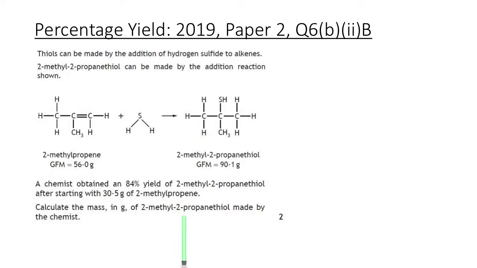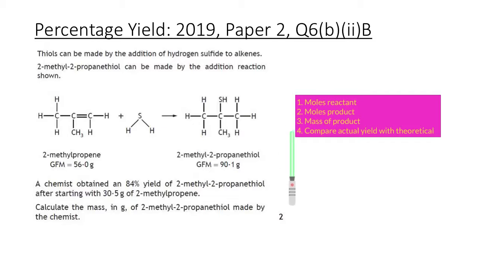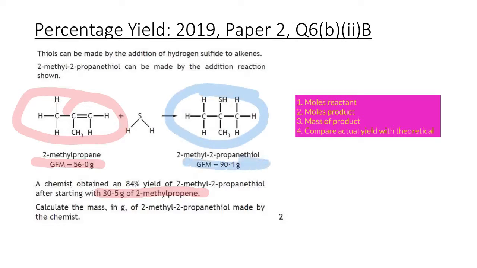It looks quite different, but your first few steps are going to be exactly the same as before. So I'd recommend you start with your highlighter, highlight the things that are related to each, and then start working through steps 1, 2 and 3.